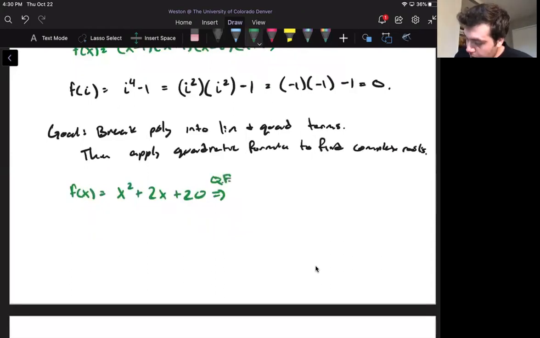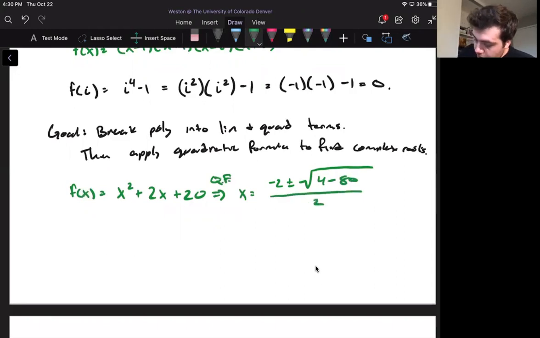The quadratic formula implies that x equals negative b plus or minus the square root of b squared minus 4ac, so that's 4 minus 80, all over 2. So then x equals negative 2 plus or minus the square root of negative 76 over 2. And we just pull that negative out in front as an i.